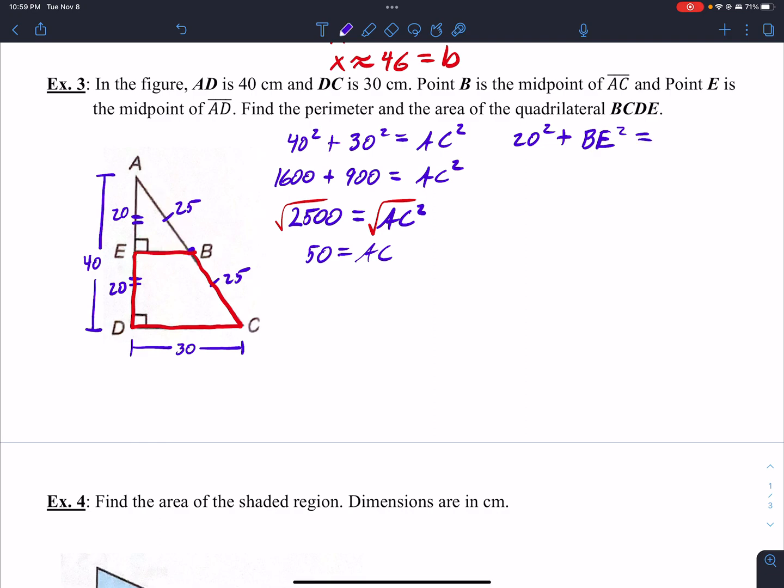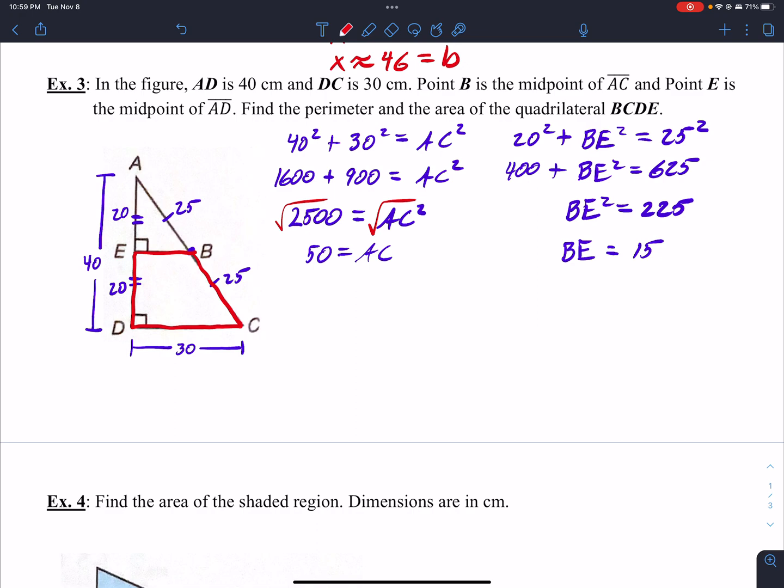So 20 squared plus BE squared equals 25 squared. And this is another Pythagorean triple, actually. 20 squared is 400 plus BE squared is equal to 625 when you square 25. And then if we subtract, BE squared must be equal to 225. And that means BE must be equal to 15.